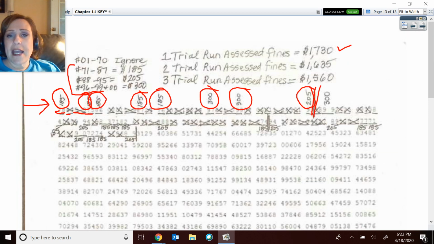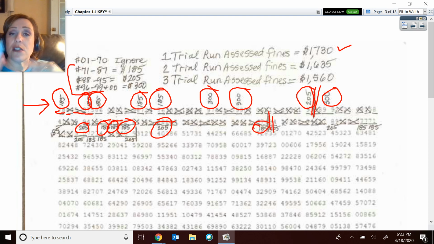Okay, so I was asked to just do 3 trials, and as I went through, each time I was notating how much fine was assessed per car that was stopped, and once I got 8 cars, I summed up that value.